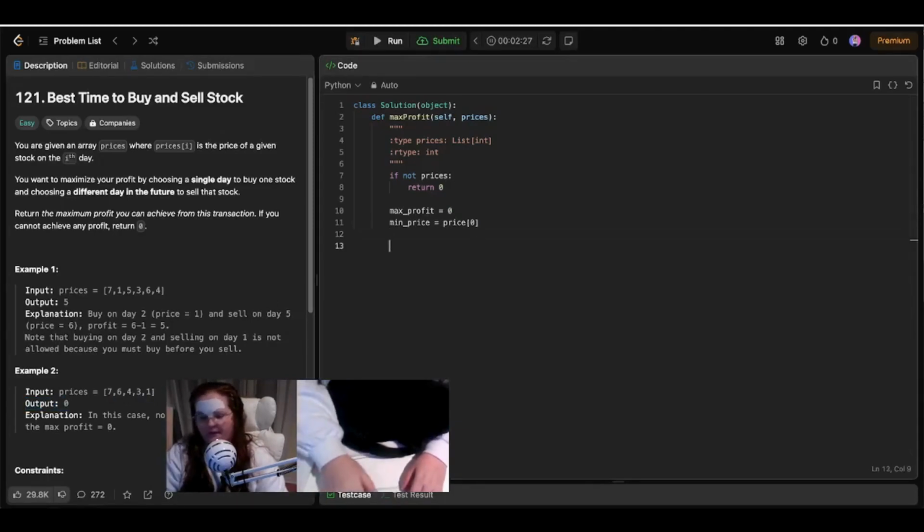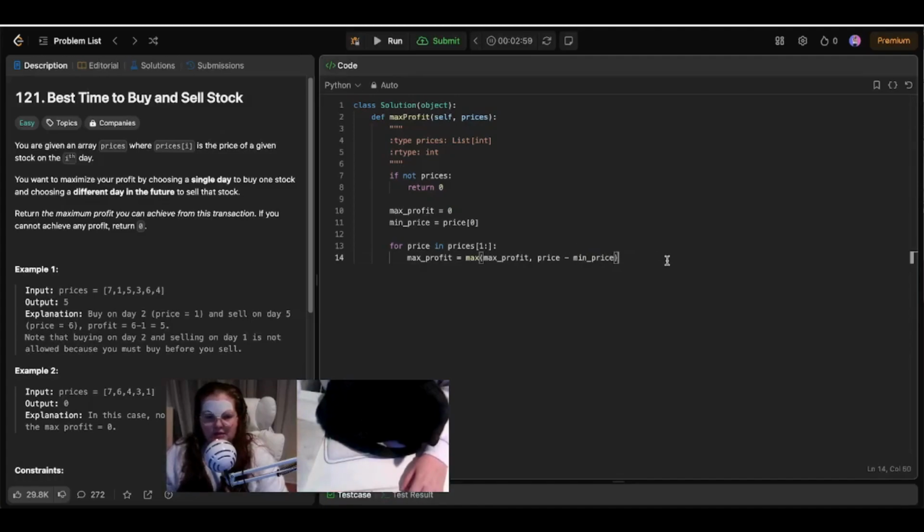So let's say then for price in prices, we'll say the max profit, maybe this is going to make sense, is the max of the max profit and the price minus the minimum price. Right? Logically that makes sense, and then we can say the same thing for min price.